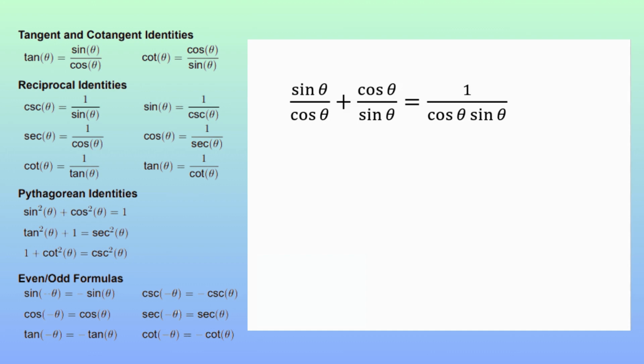All right, so in this case here, the common denominator would be cosine theta times sine theta. All right, so when you create a new numerator, the cosine theta would divide into the denominator, leave you with sine. We would have to multiply it by the sine that's already up top, so we get sine squared.